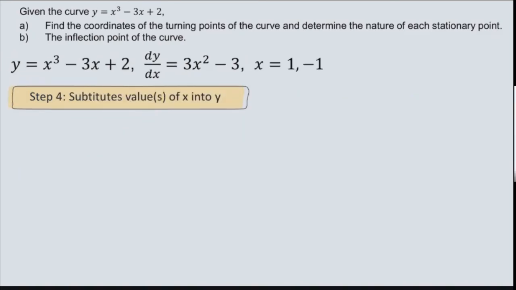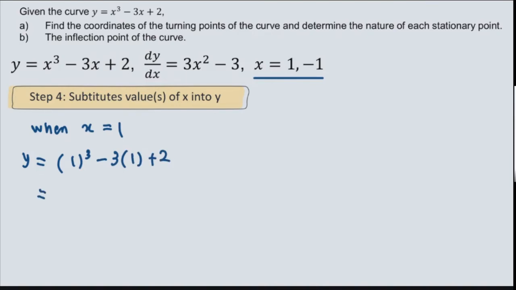So, next we need step 4, substitute values of x into y. So, we get this value just now. We got two values. So, let's do one by one. So, when x equal to 1, y equal to 1 minus 3 plus 2. Okay, can you help me by pressing the calculator? 0.